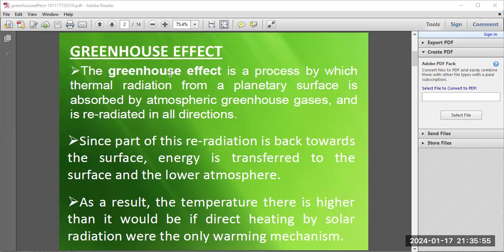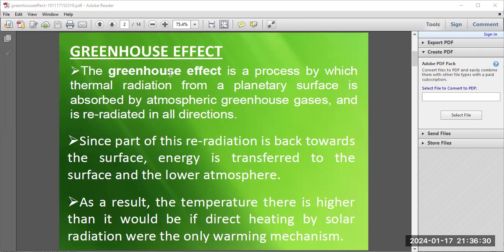But due to the greenhouse gases trapped in the atmosphere, this extra heat from the planetary surface does not get a proper way to enter into space, and due to that, this extra heat is again diverted towards the Earth's surface, which ultimately causes a rise in temperature of the Earth's surface.